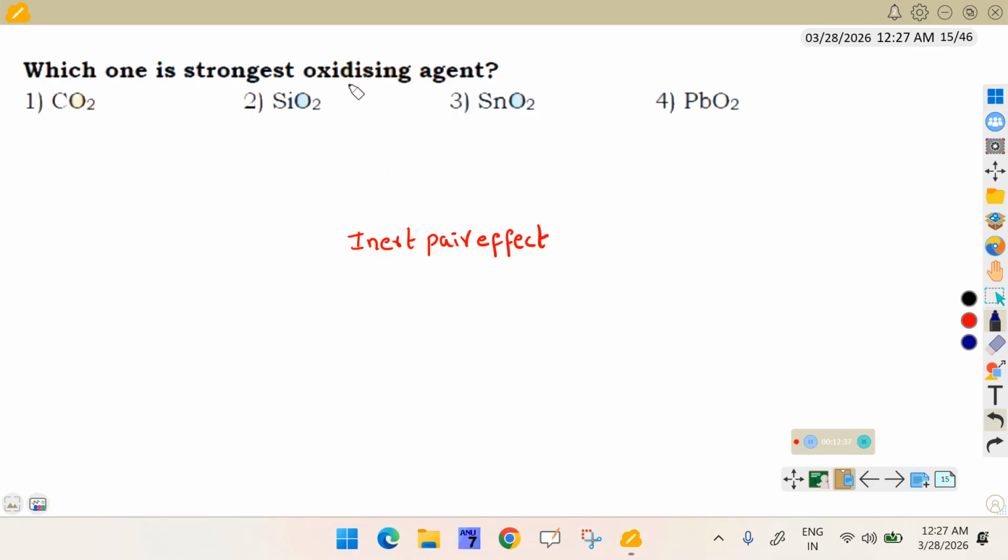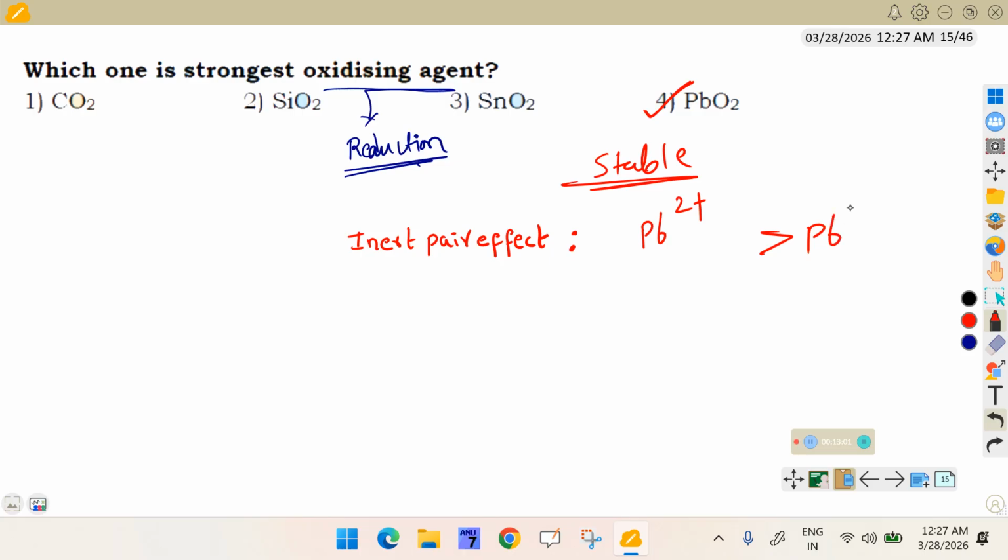Which one is the strongest oxidizing agent? Oxidizing agent means a reduction process takes place. The correct answer is PbO2. Why? Due to the inert pair effect, Pb2+ is more stable than Pb4+. Here, the lead oxidation state is Pb4+. Pb4+ is unstable.